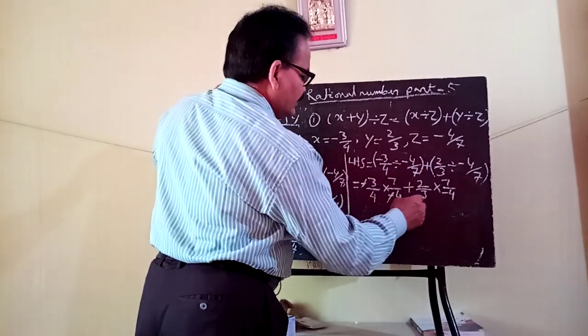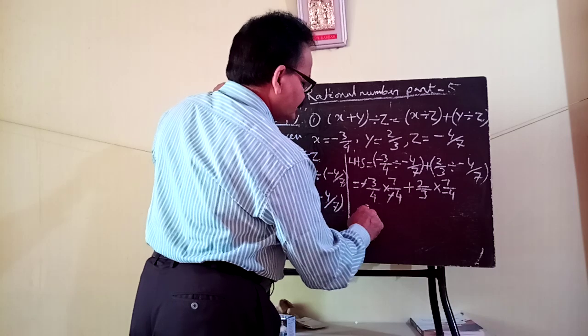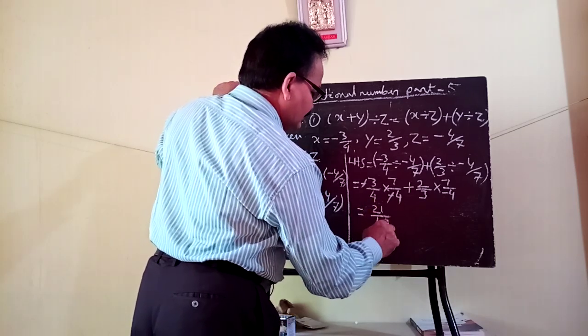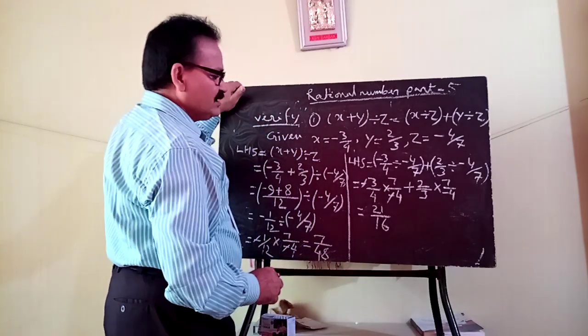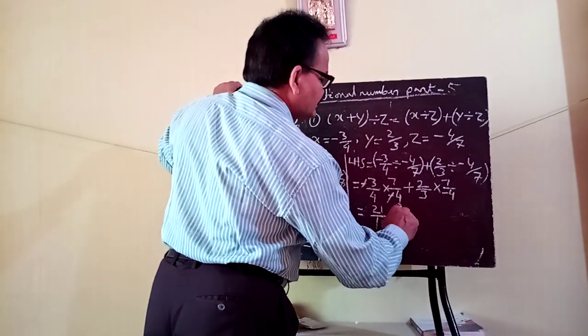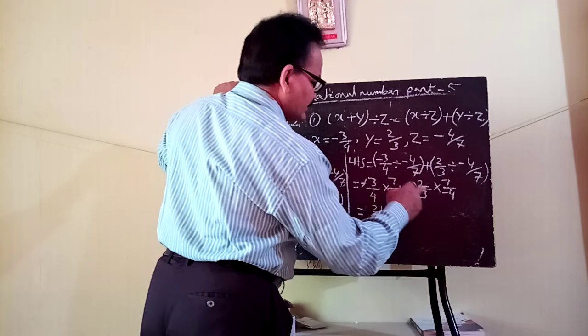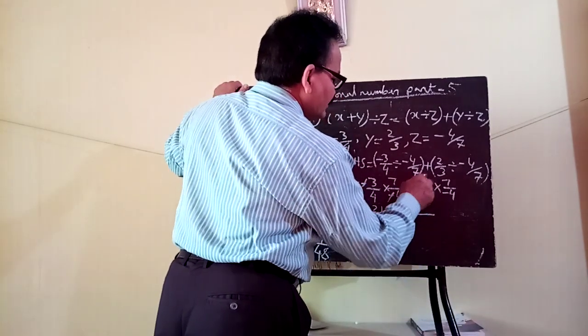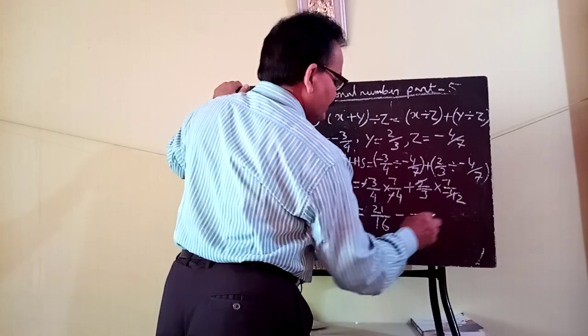So here again you see this is 21 divided by 16, plus and minus, here it is minus, your LCM is here 2, 2, 4.